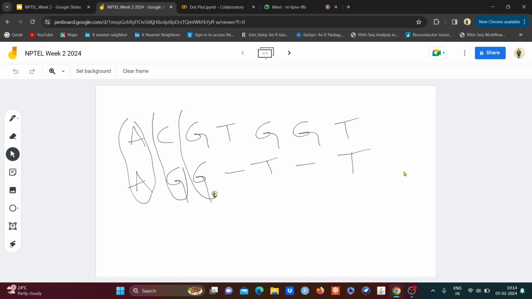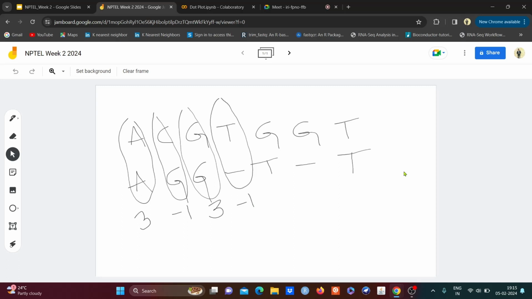In the first case, it is a match, so we have a score of 3. In the second case, we have a mismatch, so we have a score of -1. In the third case, we have a match and a score of 3. And when we introduce a gap, we have a penalty of -1 again.